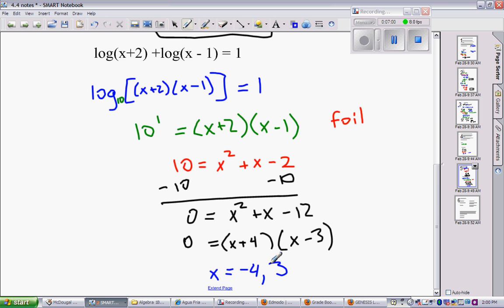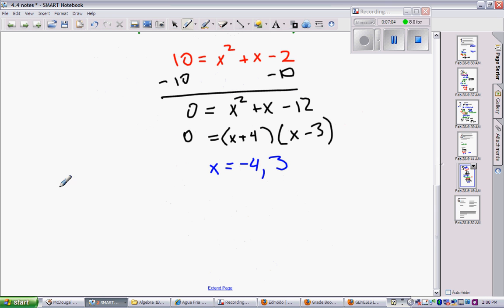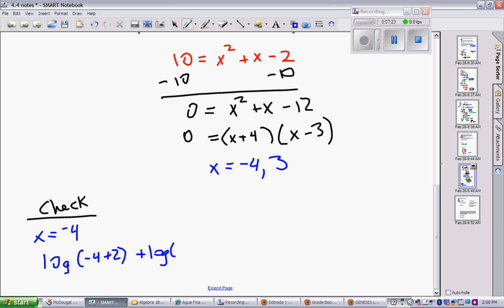Okay, on these you need to go back and check. Plug it in. So we're going to check x equal to negative 4. So log of, back into the original, negative 4 plus 2 plus log of negative 4 minus 1.